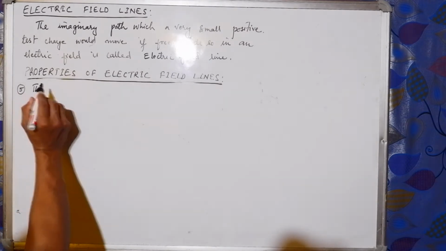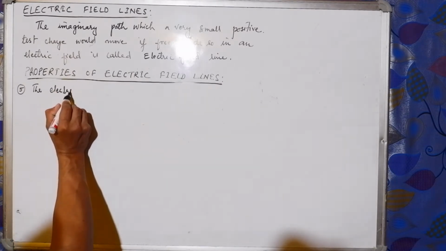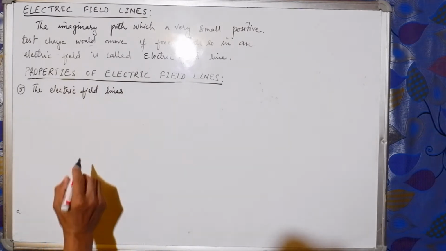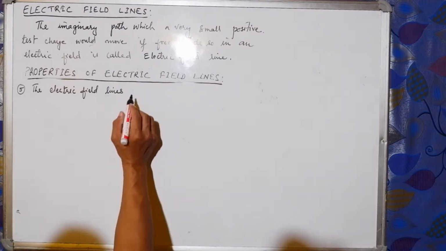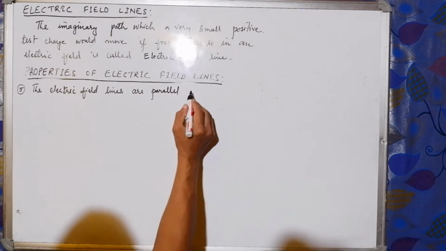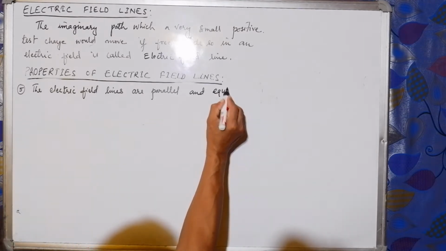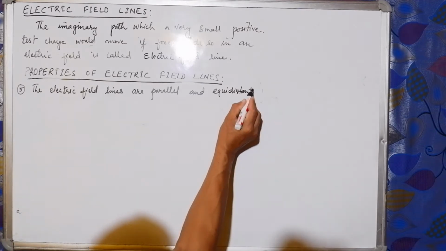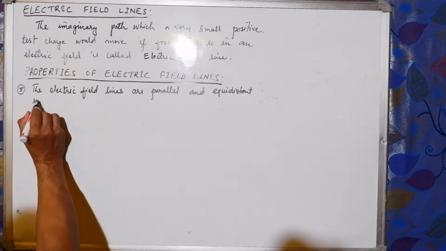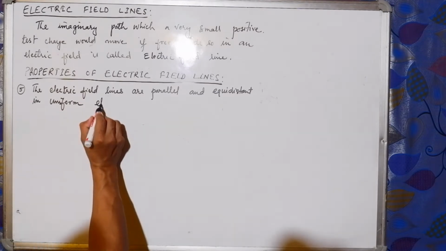So the electric field lines are parallel and equidistant in uniform electric field.